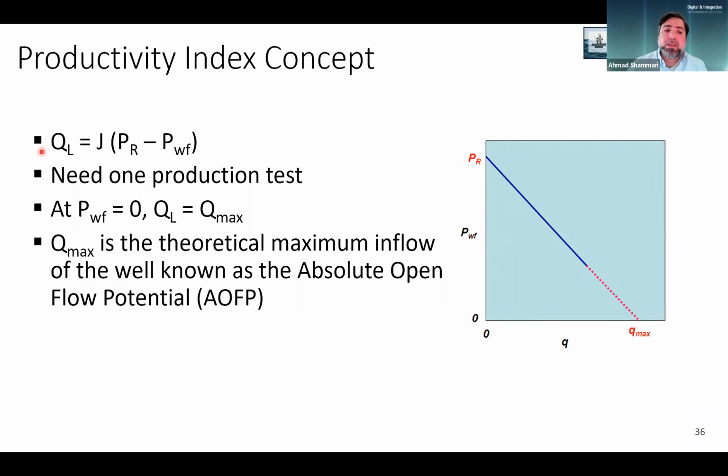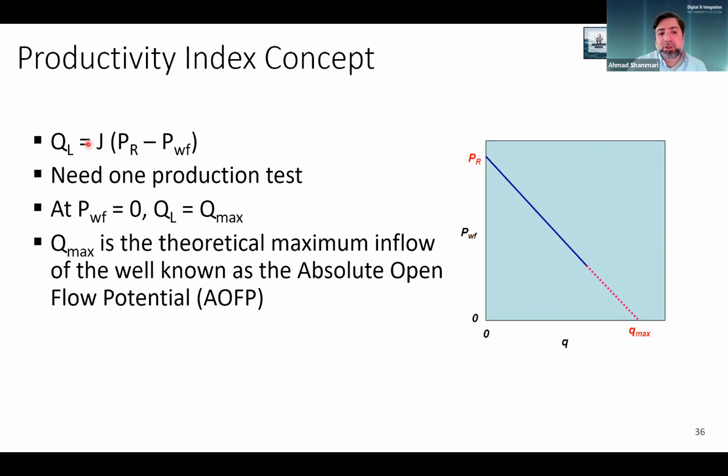So it's a straight line, and if you remember from our last session, when I showed you this IPR curve, I said we take 2 points from the straight line, and then we find the slope, and the productivity index is the inverse of that slope. This is basically it.